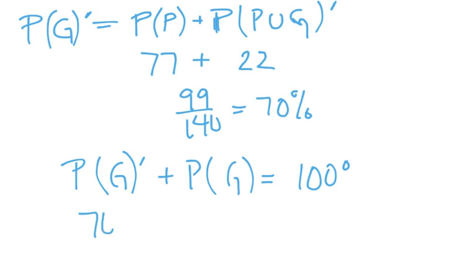So that would be 70%, and the people who chose gymnastics was about 29%. And remember, we rounded here. So that would be very close to 100%, being as the fact that we rounded.